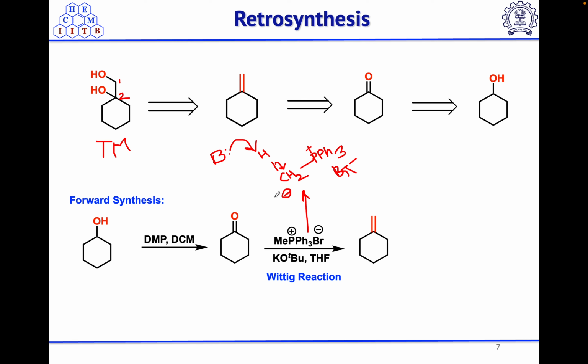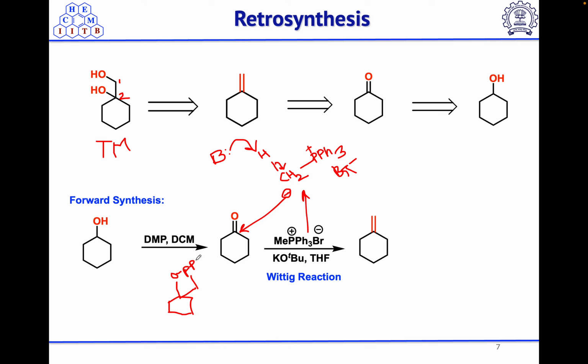Now this ylide will attack this carbonyl carbon, and at the end it will generate the oxaphosphetane intermediate, right? All of you know how the Wittig reaction works. So you will get this oxaphosphetane intermediate.